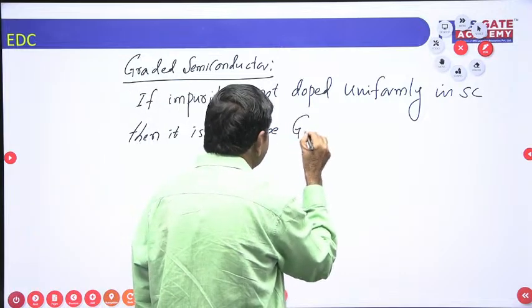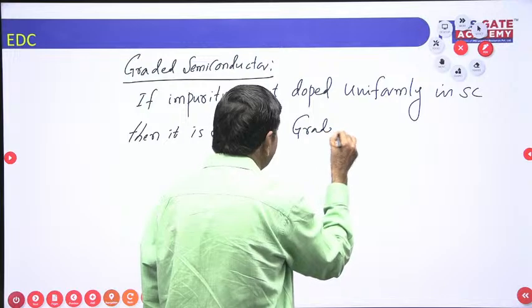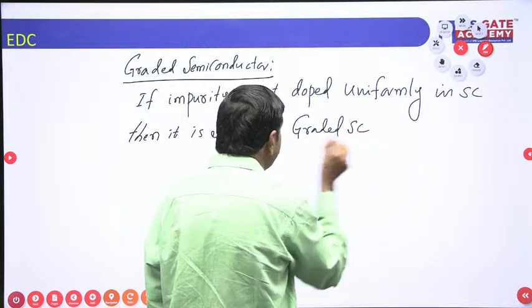That semiconductor is called a graded semiconductor.